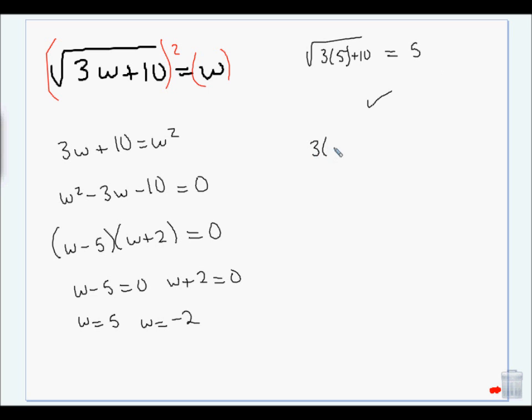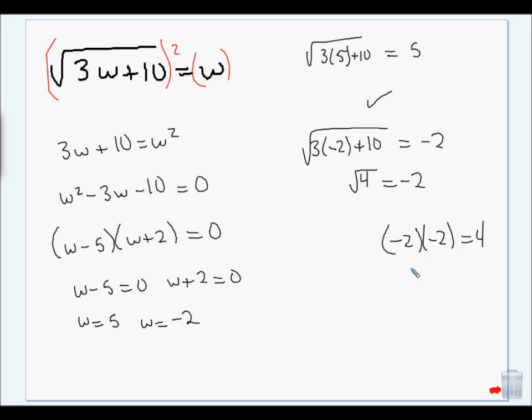And then so I have negative 6 plus 10, so that's 4. And I can take the square root of 4 and end up with a negative 2, right? Because negative 2 times negative 2 is 4. So this will also work.